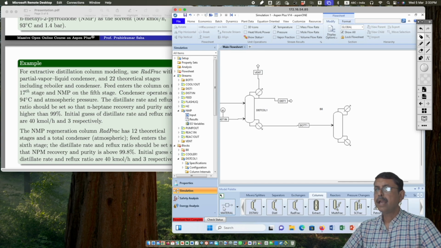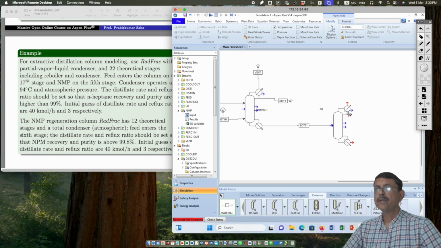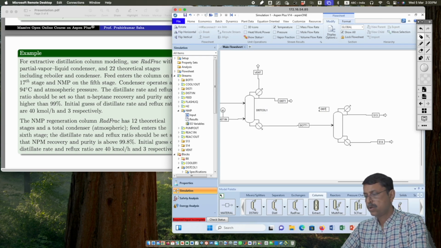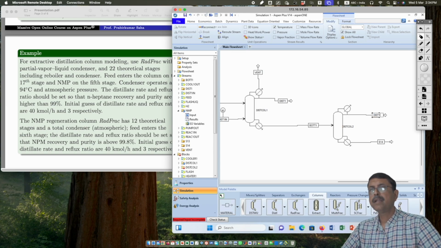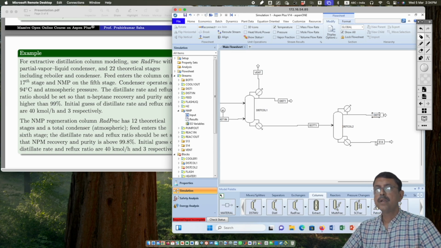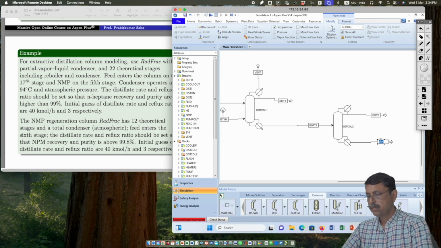This is a total condenser, so there will be no vent and total liquid outlet. So here we will name them as dist col 2, and this is dist 2, and this is bottom 2.